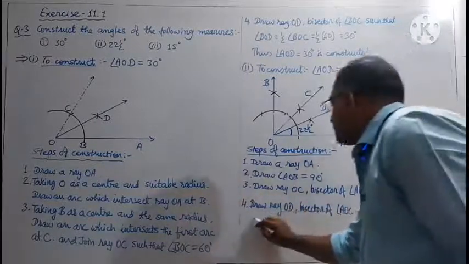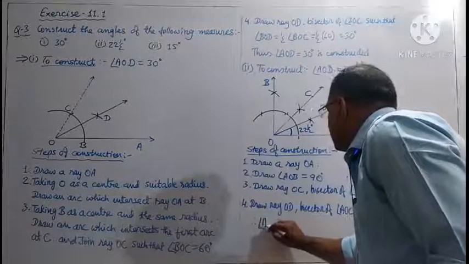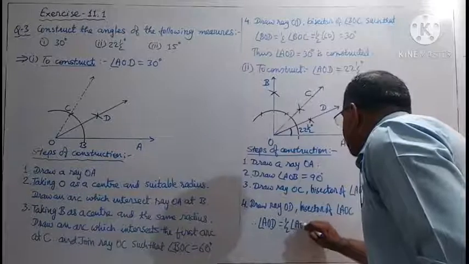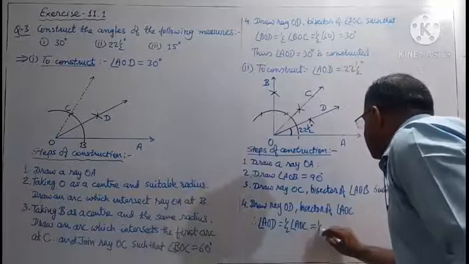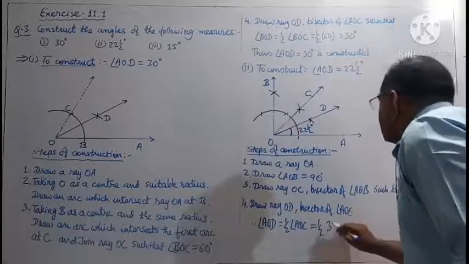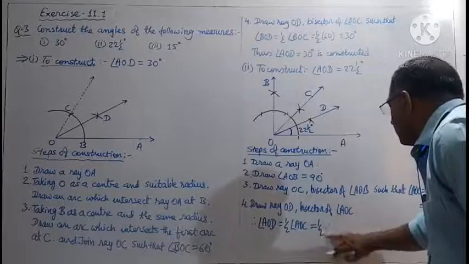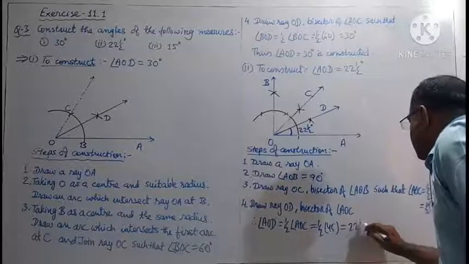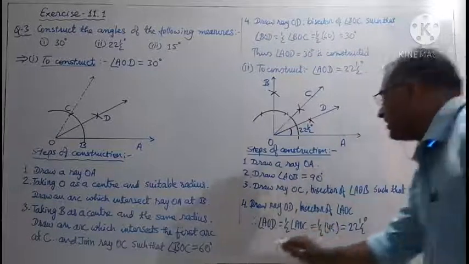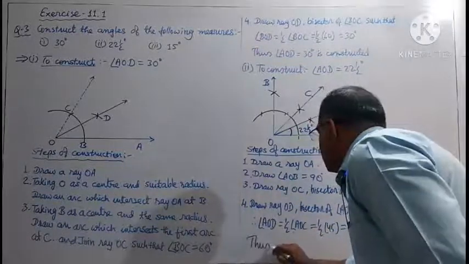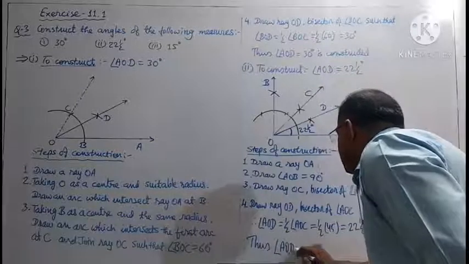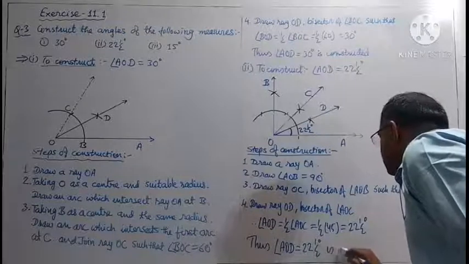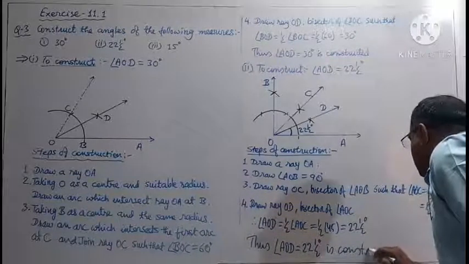Therefore angle AOD becomes half of angle AOC, and AOC is 45 degree, and therefore we will get 22 and a half degree. Thus angle AOD is equal to 22 and a half degree is constructed.